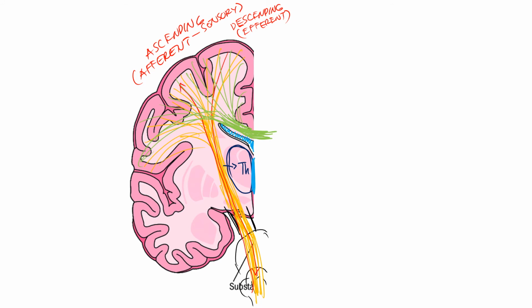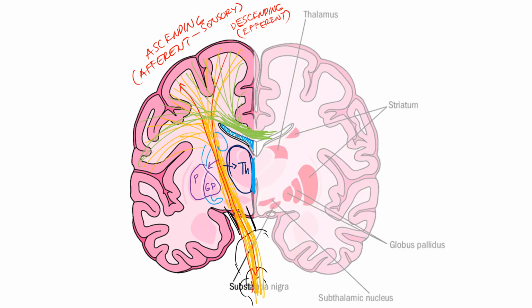You have a nuclei here that is on the lateral side of your internal capsule, and it has layers. So that's your lentiform nuclei, your globus pallidus and your putamen. And then you have your caudate nuclei there.